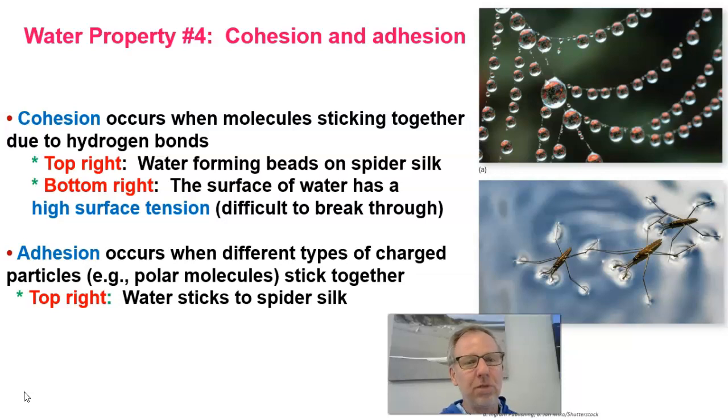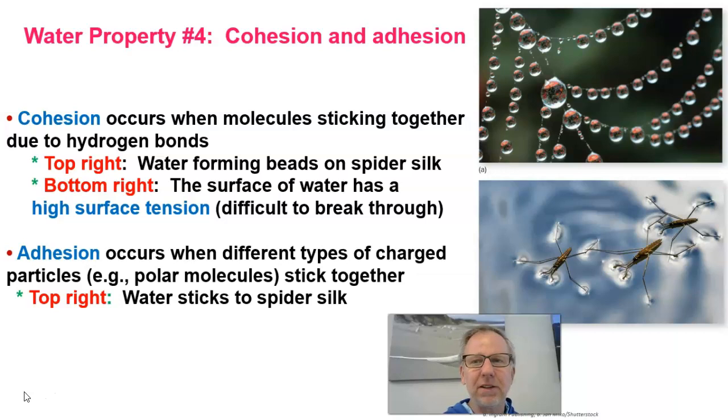Now, adhesion is a property that occurs when different types of charged particles stick together, like different kinds of molecules that are all polar. So, for example, look at the top photograph. Again, those droplets of water that are forming because of cohesion, they are sticking to the spider web.